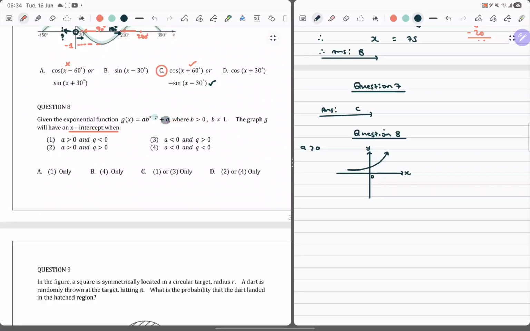We are actually avoiding the q at this point, and we know that b is greater than 1, so this combination gives us this graph. It looks like this, okay?